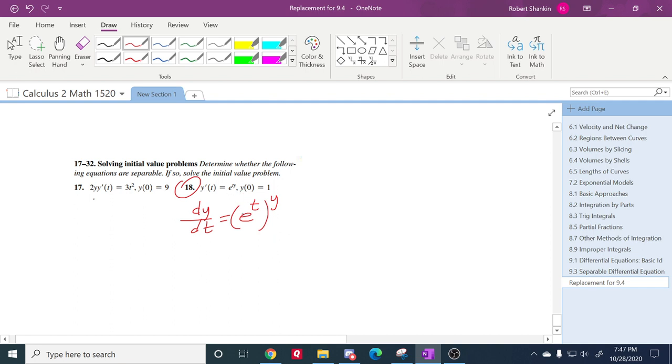A power to a power, you'd multiply, so that's an alternate way I could write that. I'm going to multiply both sides by dt.